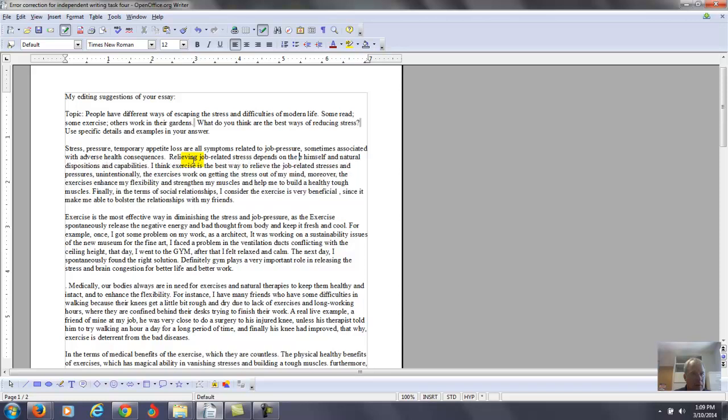You can probably say exercise effectively. Again, you're a little bit too wordy. See what I'm doing here? Effectively relieves job-related stresses. We already said stress before, right? We'll say pressure.